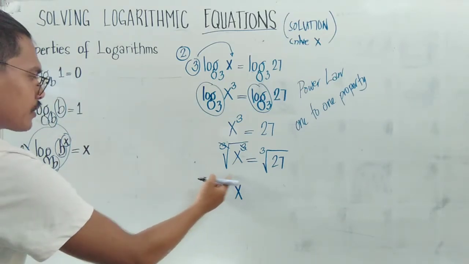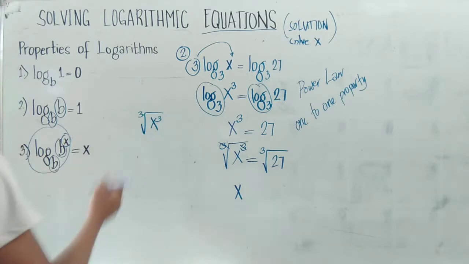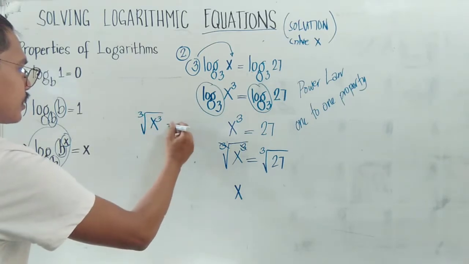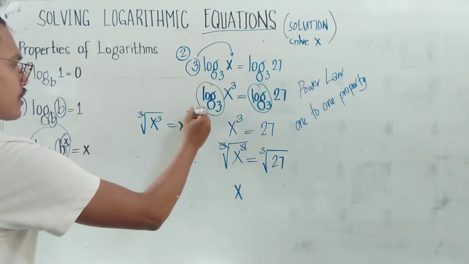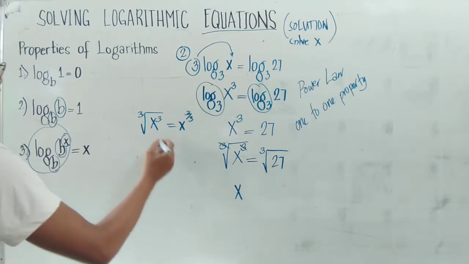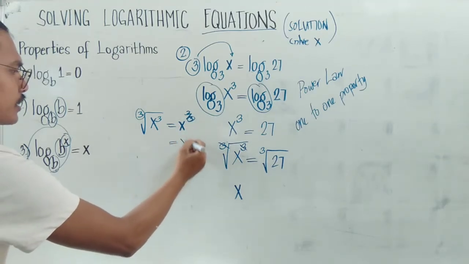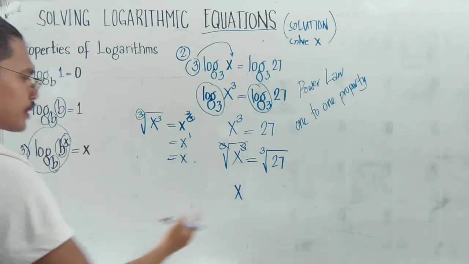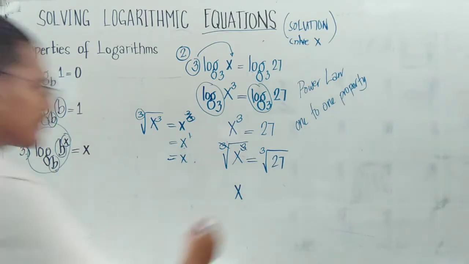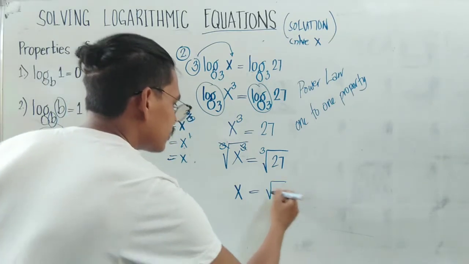Okay, so we have discussed this one. The example, we have x cubed. Cube root of x cubed is equal to x raised to 3 divided by 3. So 3 divided by 3 is 1. So any number raised to 1 is equal to that number. So therefore, x. The same with this one.